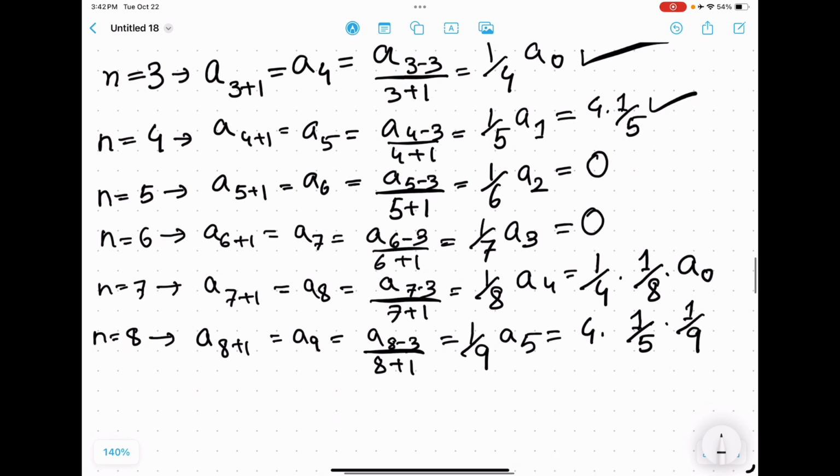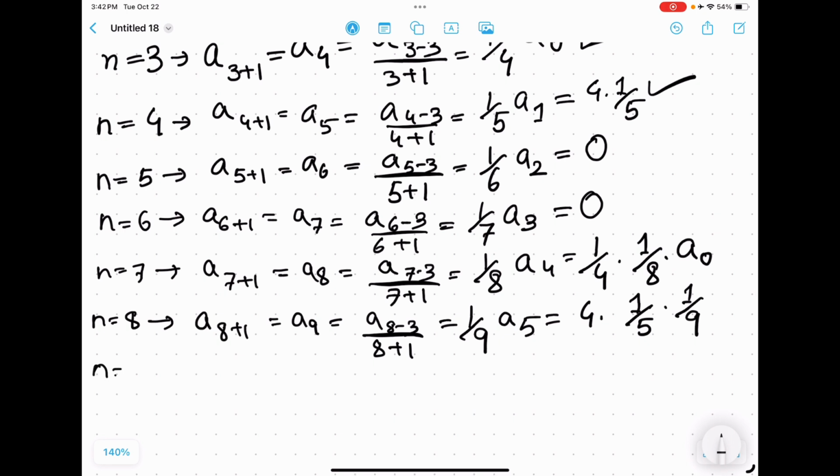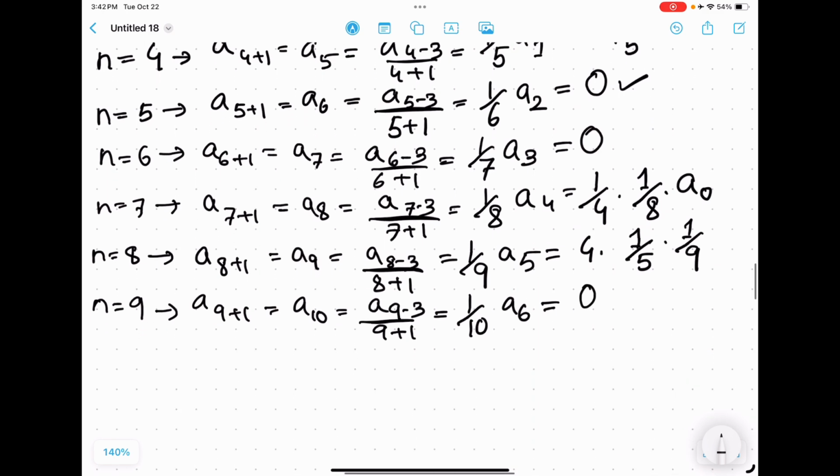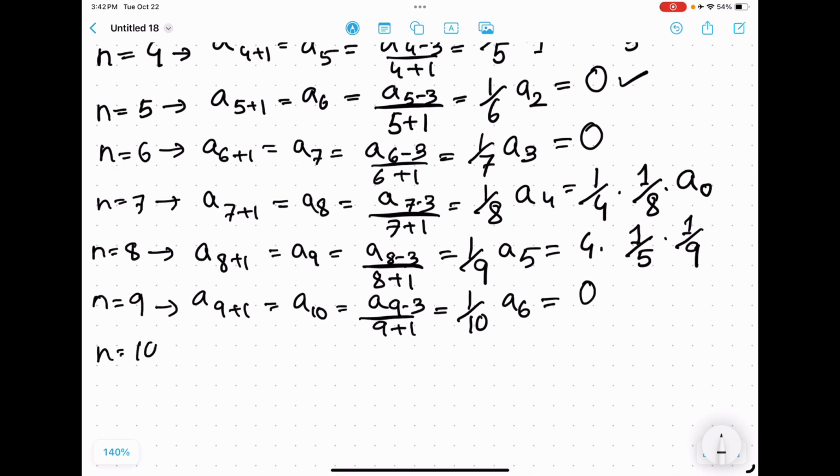Okay. Then we have our n equals 9, which is a sub 9 plus 1 equals a sub 10, equals a sub 9 minus 3 by 9 plus 1, which is 1 by 10, times a sub 6. And if I look, my a sub 6 is a 0. That means this is also a 0. Then I have my n equals 10. So I have a sub 10 plus 1 equals a sub 11, equals a sub 10 minus 3 by 10 plus 1, which is 1 by 11, and a sub 7.